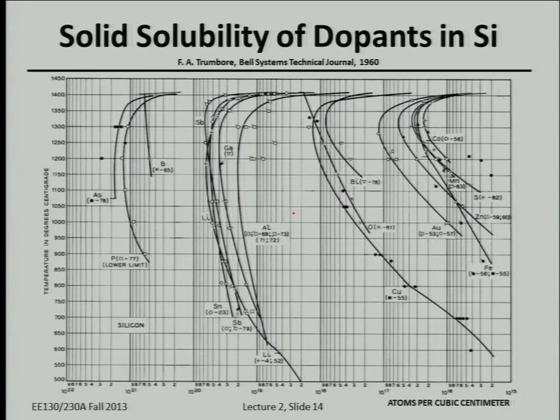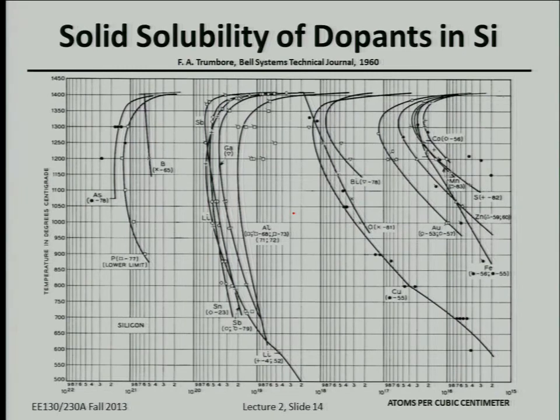They have to sit on a lattice site to bond with four nearest neighbors. To do that, we have to heat up the silicon to very high temperature and get the atoms to move around and form bonds. Typical process temperatures are above 1,000 degrees Celsius, peak temperature.